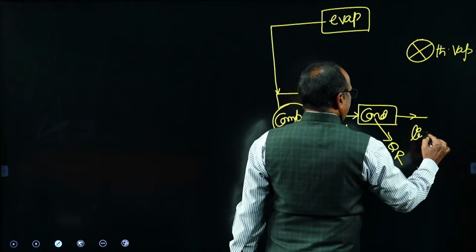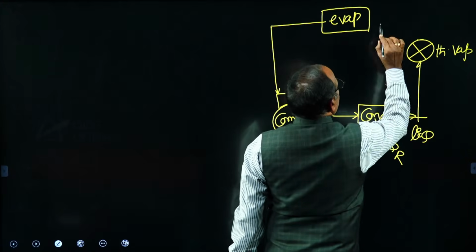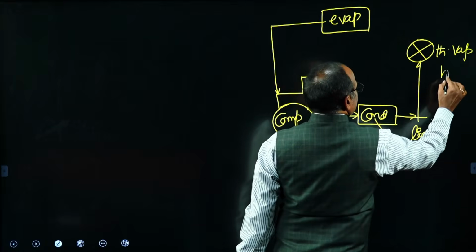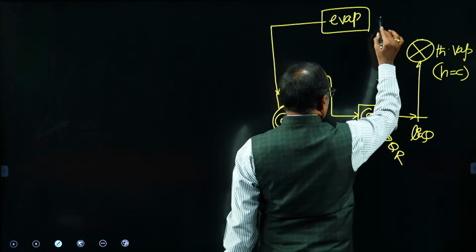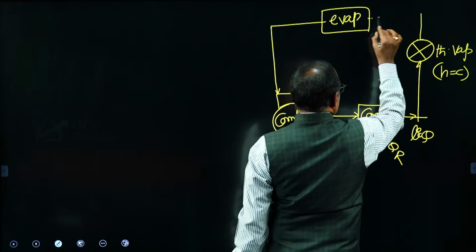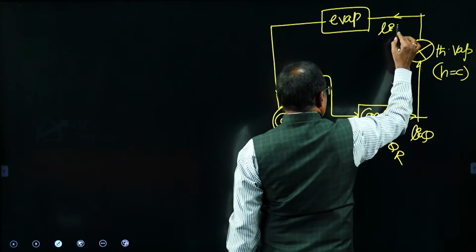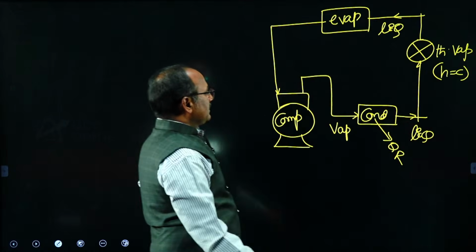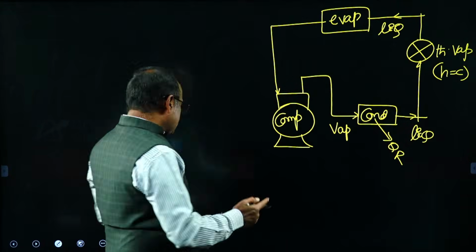This liquid enters the throttling device, right? The throttling happens at constant enthalpy. Because of throttling, pressure and temperature both decrease. Then the liquid at low pressure and low temperature enters the evaporator for extracting heat from the working stuff, whatever you placed in the evaporator. So this is the vapor compression refrigeration cycle.